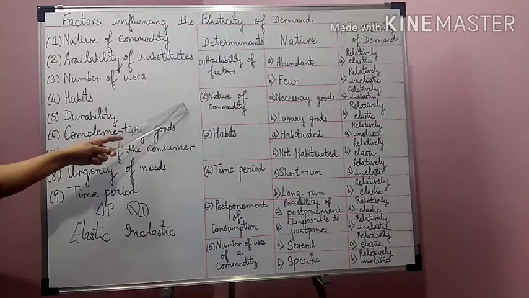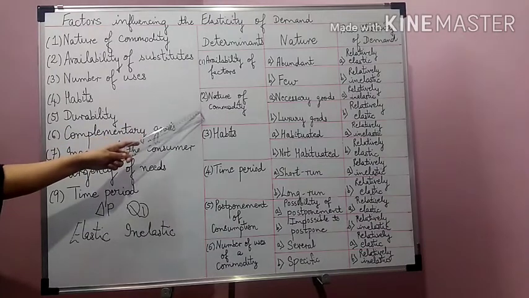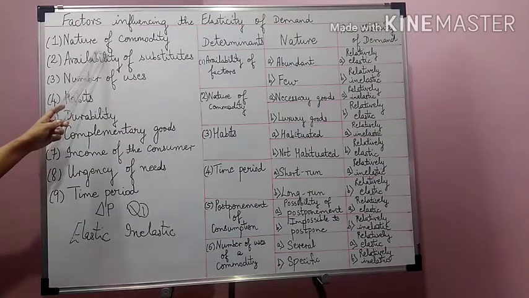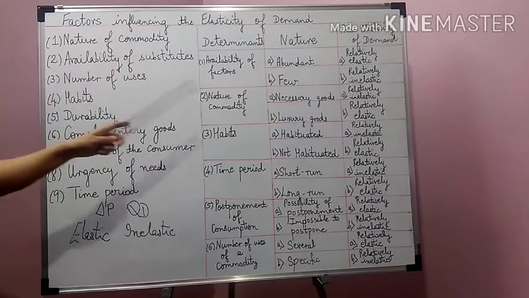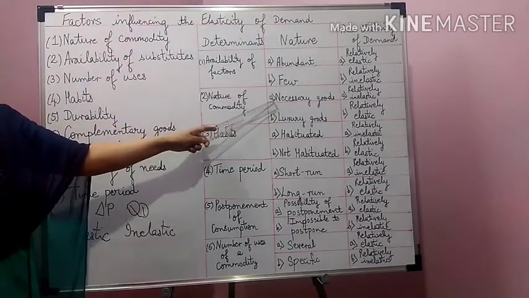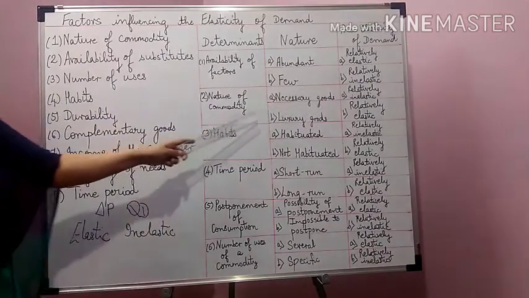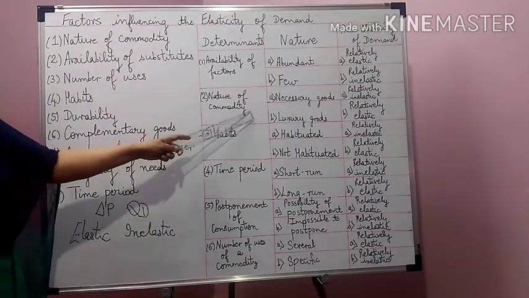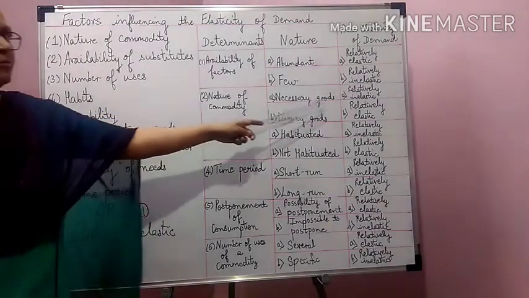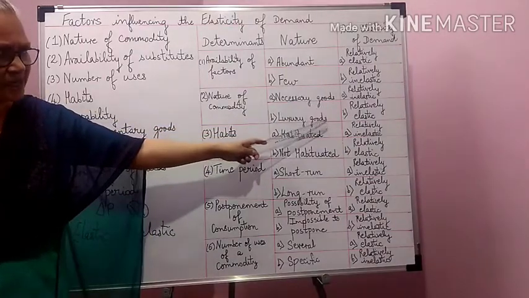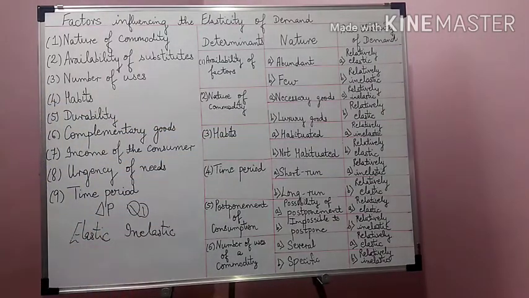Second determinant, nature of commodity, we have already seen, same point. If the commodity is a necessity, then demand will be relatively inelastic, whereas if the product is a luxury commodity, the demand is relatively elastic. Third, habits.